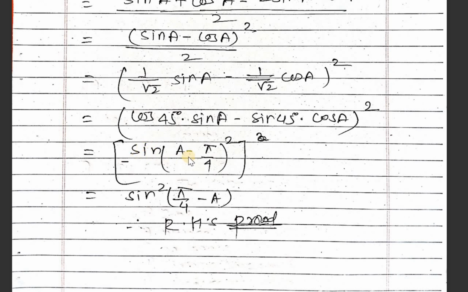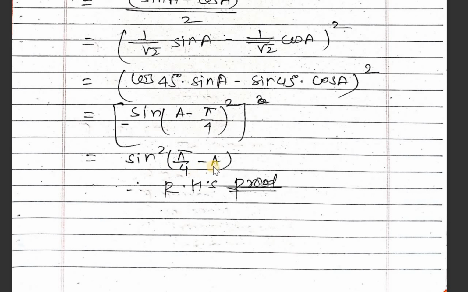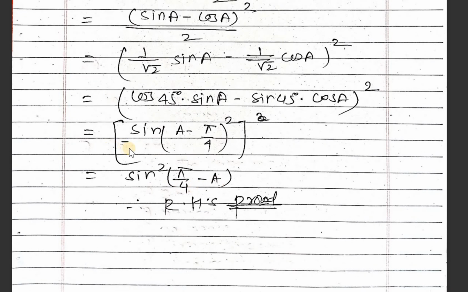This is minus, so sin²(π/4 − a). sin(−θ) is −sin θ. So sin²(π/4 − a), proved.